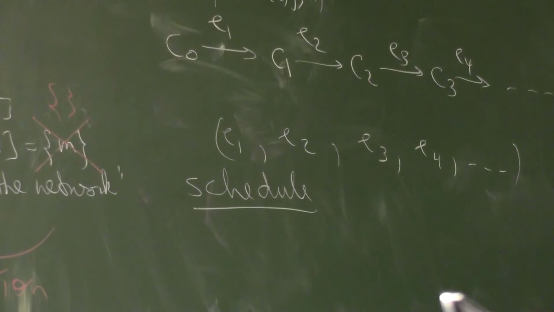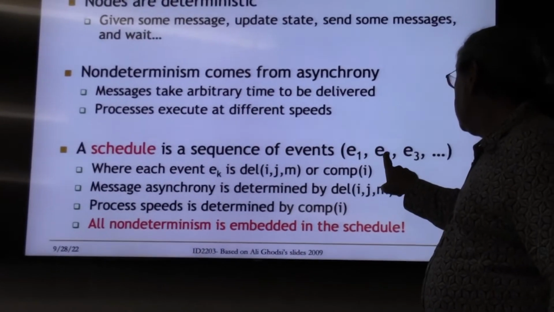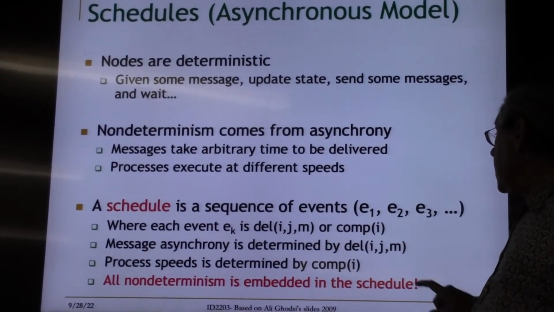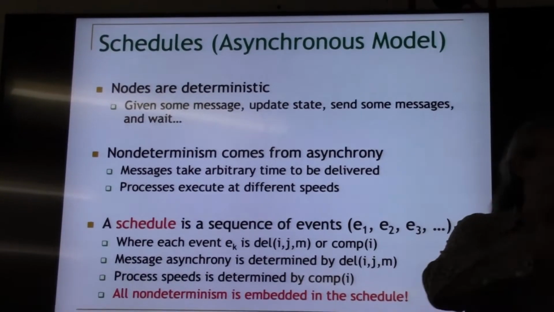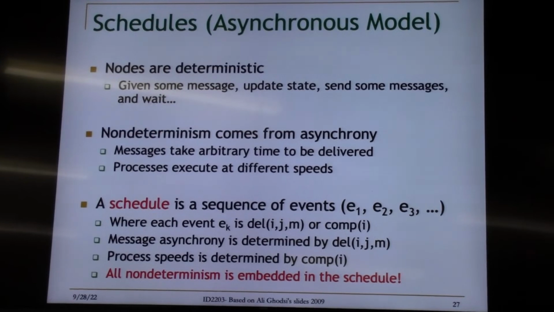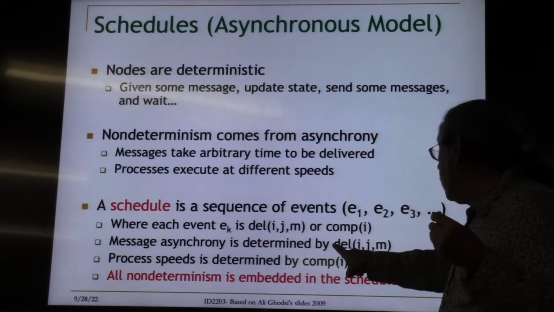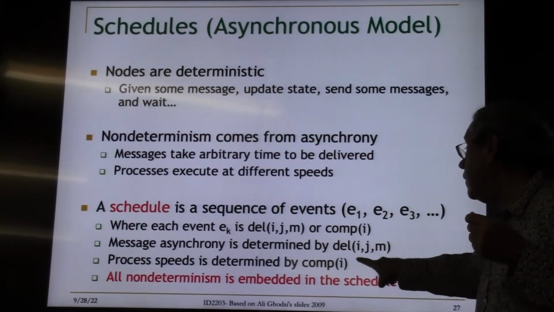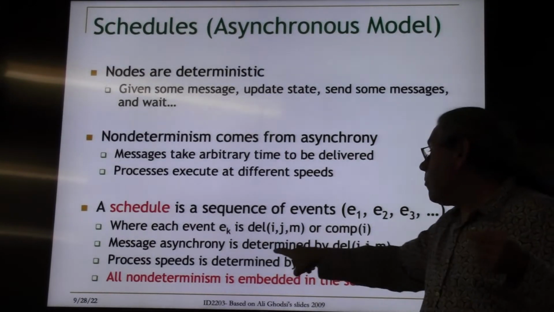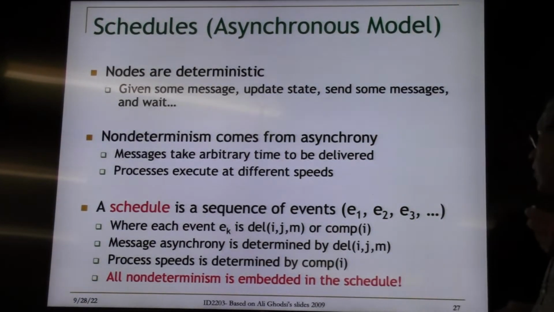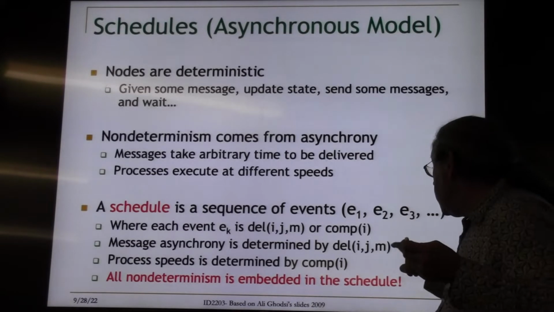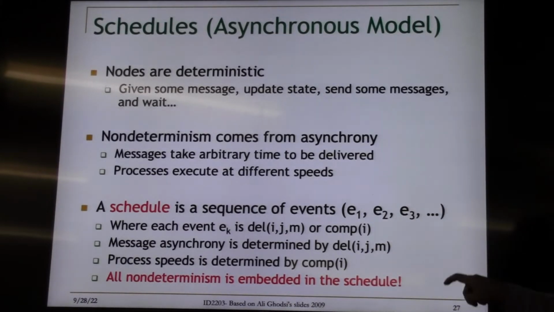Each of these events is either a delivery event or a computation. The asynchrony, so the delay, you know asynchronous can be arbitrary, is determined by when you do the del. Okay? The processing is determined by the comp. But the dels can be delayed.